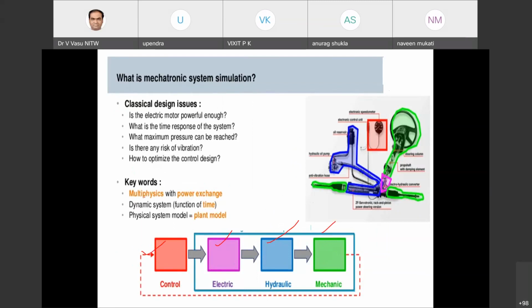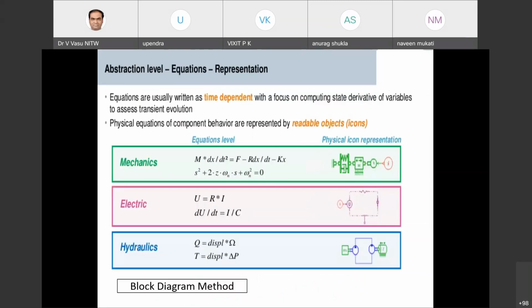That is called the multi-physics model, or dynamic system modeling, that is considered in this case. We can start with the equations, and we can have the physical iconic representation. These are two different types of things. If you are writing using equations, it is called the mathematical model, and this is considered the physical representation model.